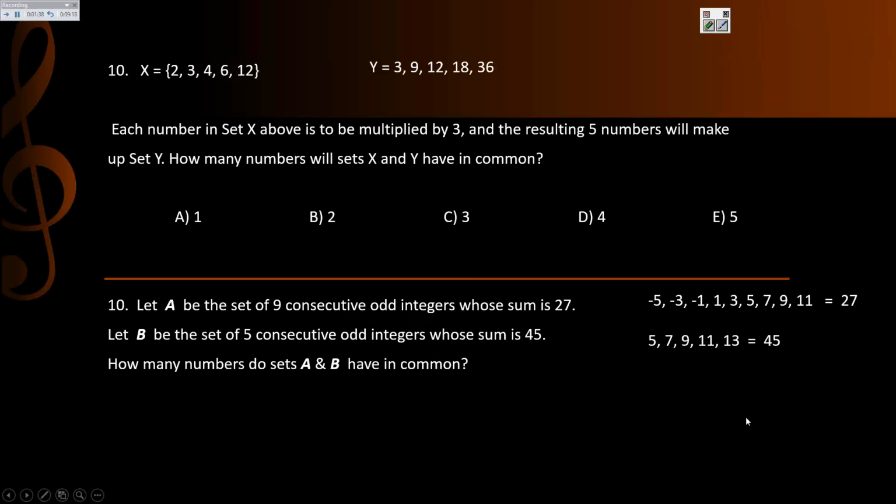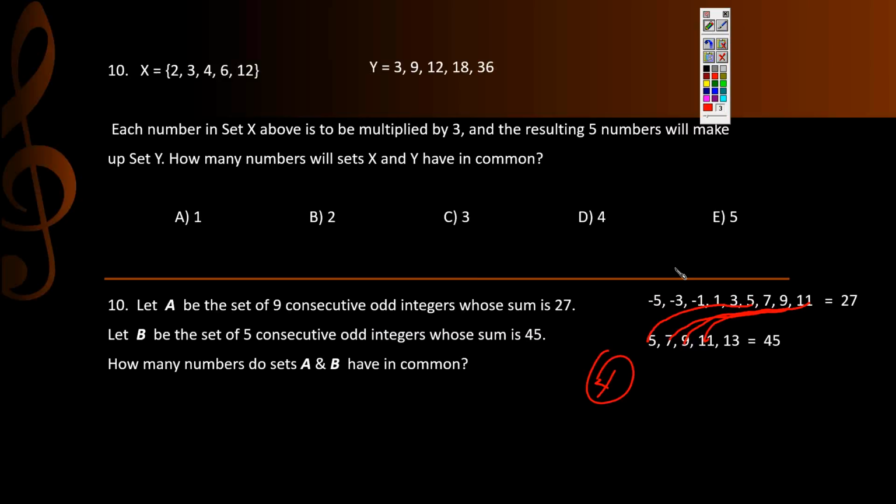And then they want to know which numbers do these sets have in common. And so we've got, let's see here, it looks like we've got the 5s are in common, the 7s are in common, the 9s are in common, and the 11s are in common. How many? 1, 2, 3, 4. 4 of them in common.